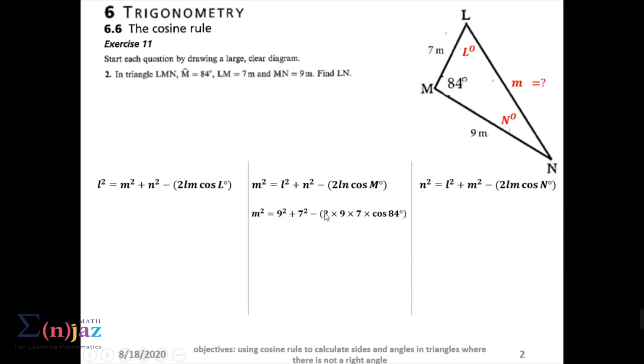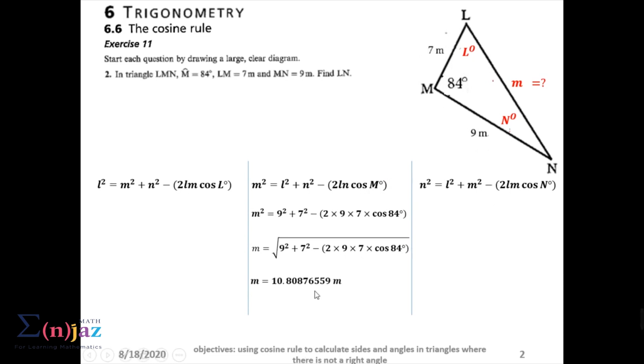So it's going to be 7 squared minus 2 times 9 times 7 times cosine M, which is 84. Now, all we need to do to find M is square root each side. M is equal to the square root of all this. So we can now insert this in the calculator, and we're going to find M as 10.8087659 meter, because all dimensions are given to me in this question in meters.